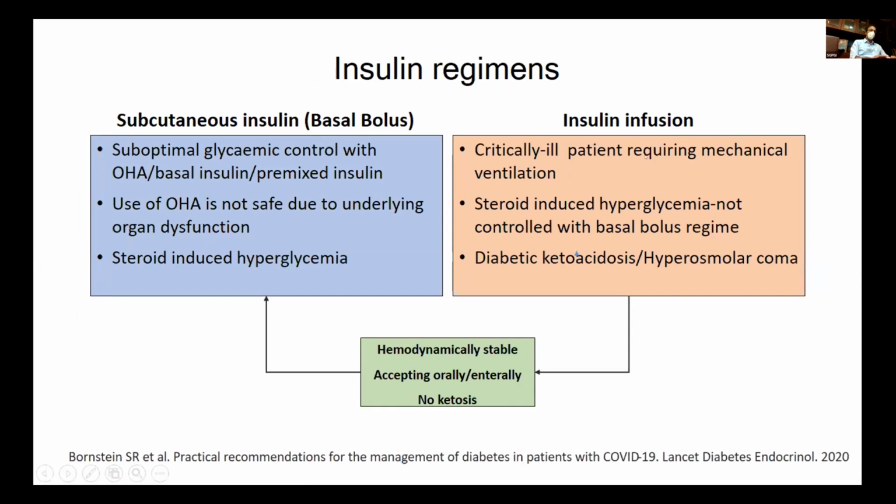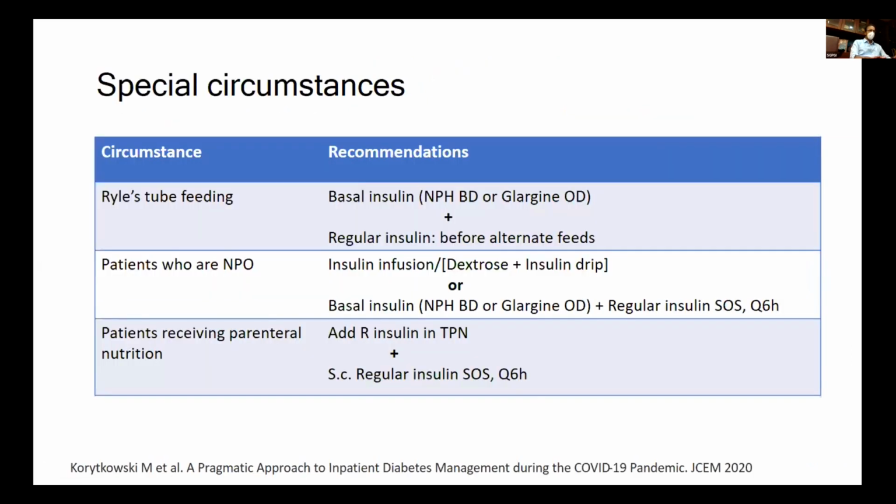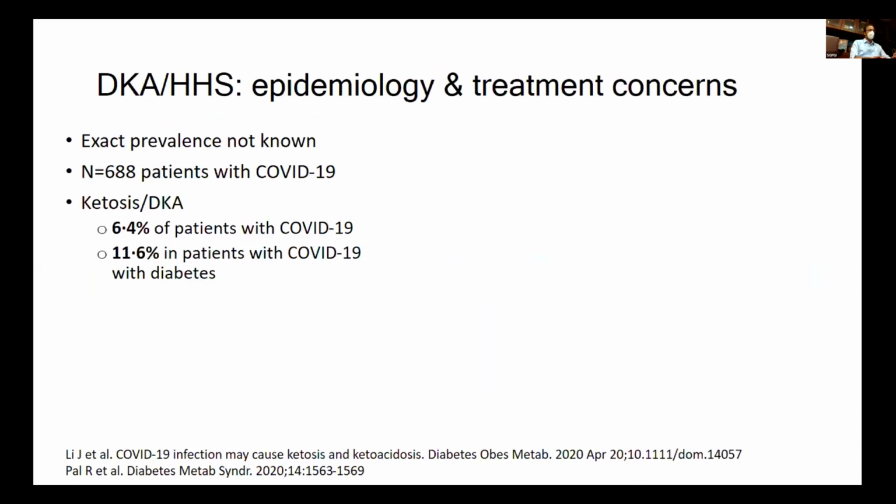This is required for all the critically ill patients, and like in case 2, where the steroid-induced hyperglycemia is not controlled with a very high dose of insulin, or the patient has a classic indication like diabetic ketoacidosis or hyperosmolar coma, there the insulin infusion has to be given. In the rest of the situations, we have to give basal bolus insulin. There are some special situations too, but I really doubt many of you are involved in this, so I am skipping this section.